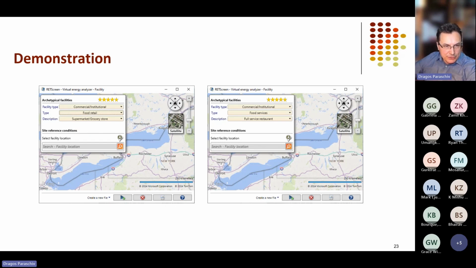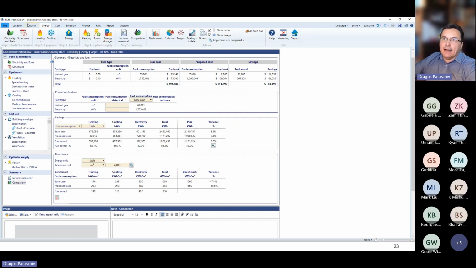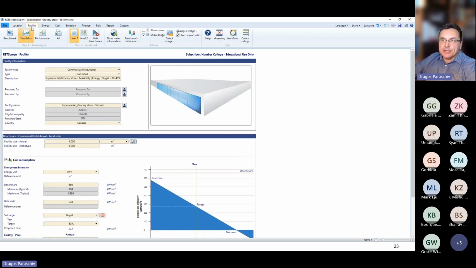So for that, I'm going to go back to my RETScreen, and I'm going to use a file that is, again, a store located in Toronto, Ontario. It's a grocery store that has an archetype which included savings to around a 30–40% target.